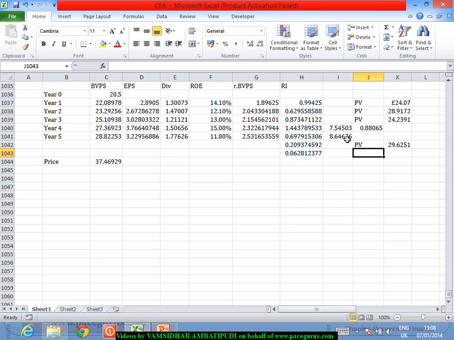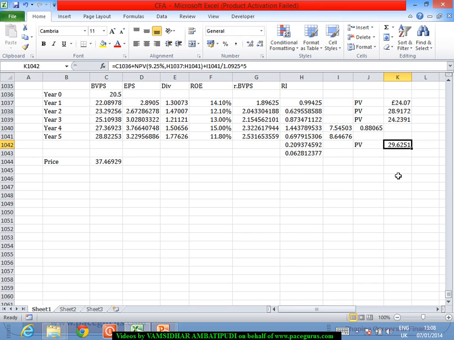Going with this assumption, the present value of the share is going to be somewhere around $29.62.